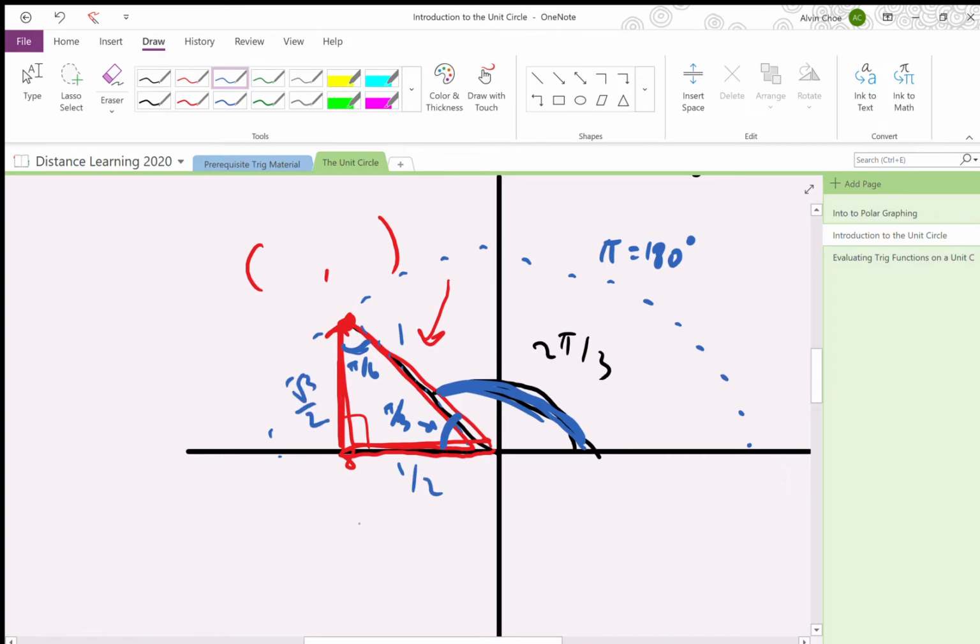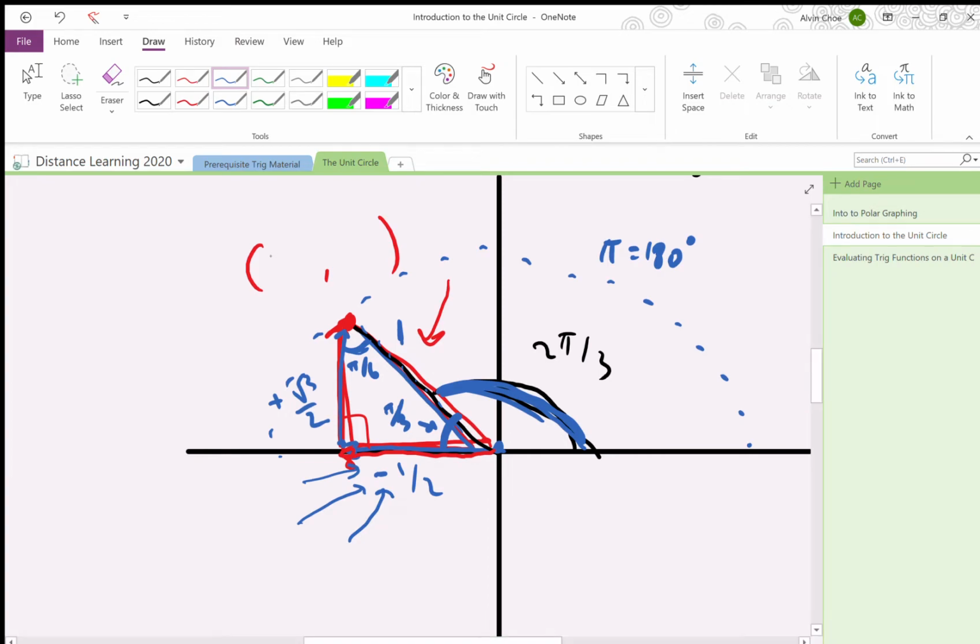But don't forget, at this moment in time right here, you can label whether it's positive or negative. From the origin, we went to the left, which means this is negative 1/2. From here, we went up, which means this is positive root 3 over 2. And your hypotenuse is a length, so your hypotenuse must always be positive. Hypotenuse is always positive because it's the radius, and the radius cannot have a negative measurement.